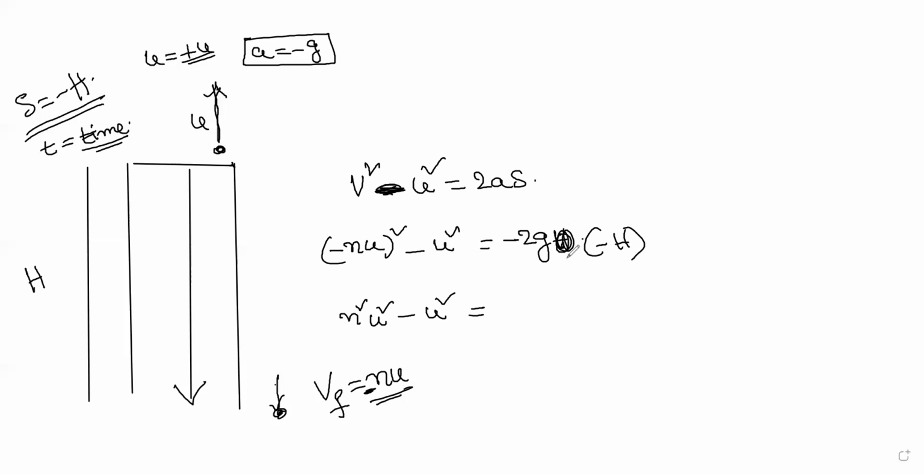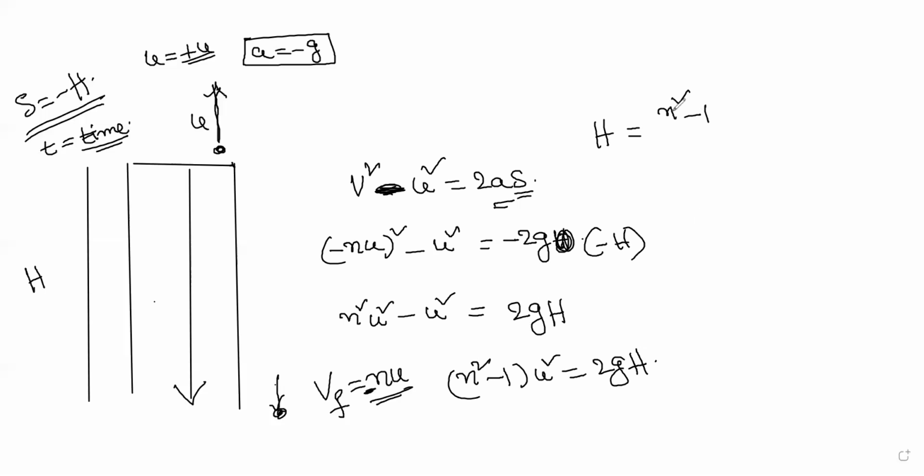Correct. So A is minus g, S is equal to minus h. Good, thank you. So this becomes 2gh, right? So n square u square minus u square, if I take u square common, I'll get n square minus 1 into u square, that is equal to 2gh. So h is equal to n square minus 1 into u square divided by 2g.